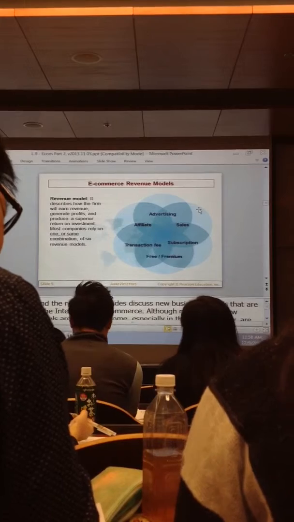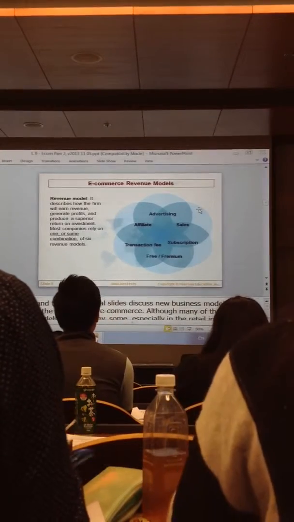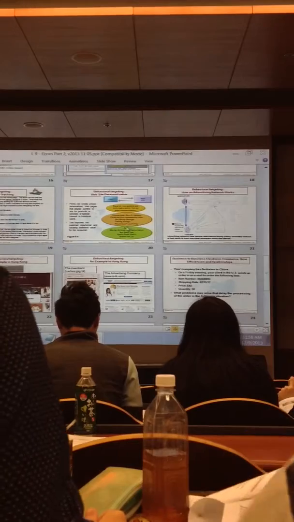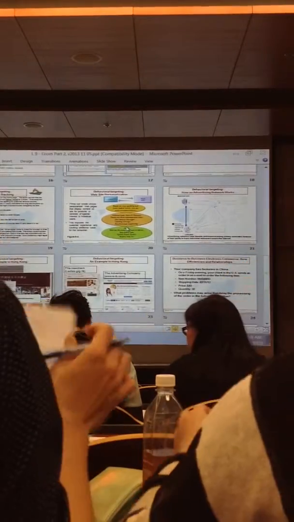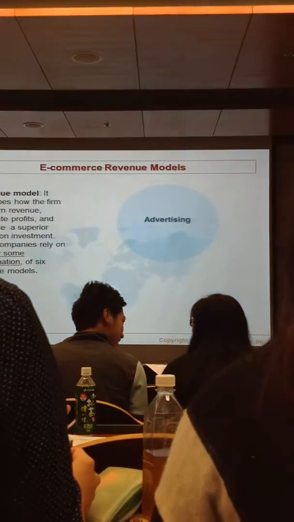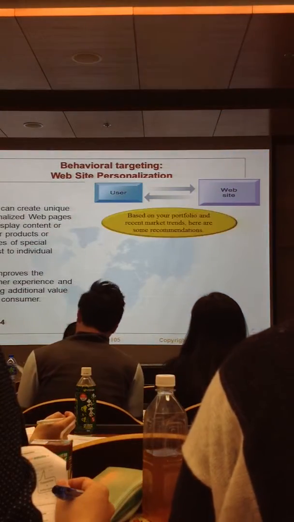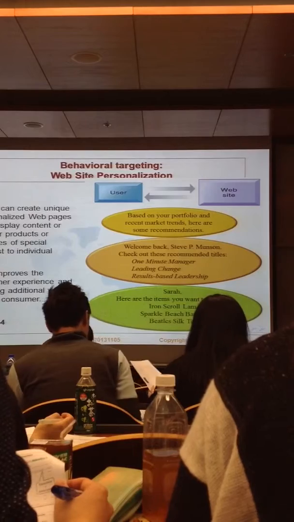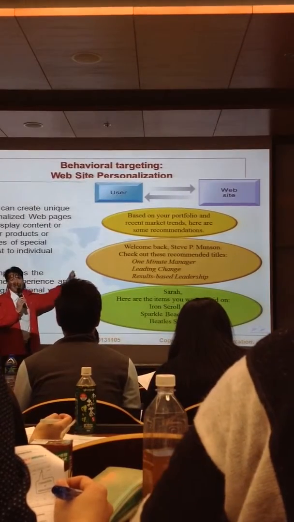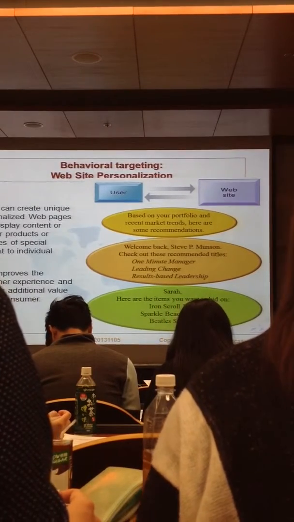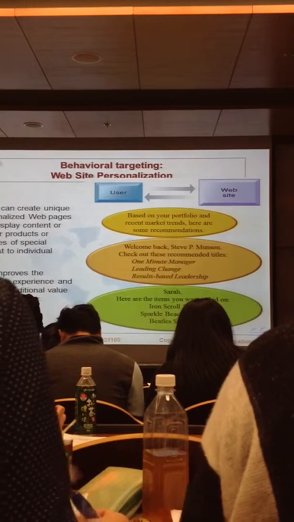So, lesson 9 is about the 6 revenue models. A lot of illustrations here. Of course, I don't expect you to memorize. There's no reason for you to memorize the dialogue here, except that you know you can find out a lot about the user if you listen to the user, if you remember who the user is, if you can do personalization.